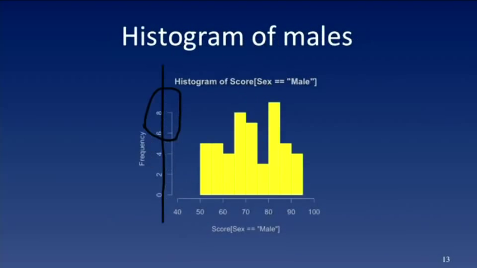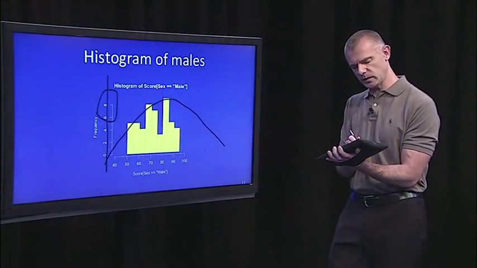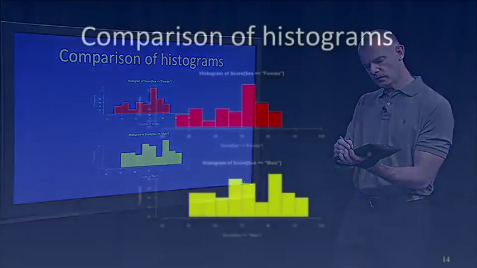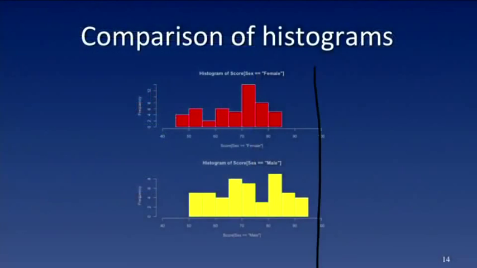So what we're seeing here in the male distribution is also a normal distribution, but it doesn't have as high of a peak. The other thing to notice, and this will be clear if we put them side by side, is there's a difference up here at the top end of the distribution.